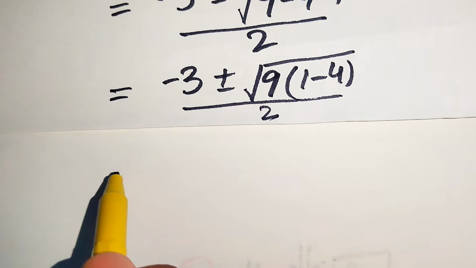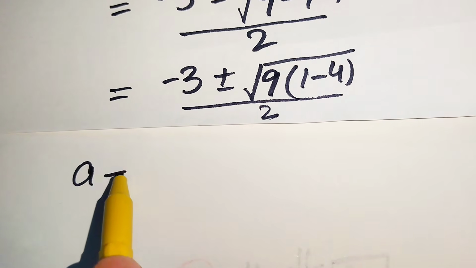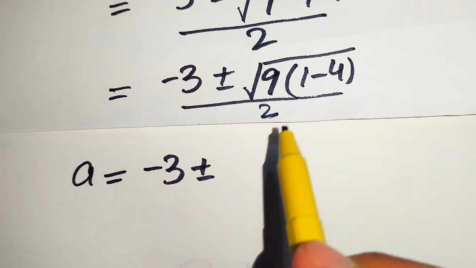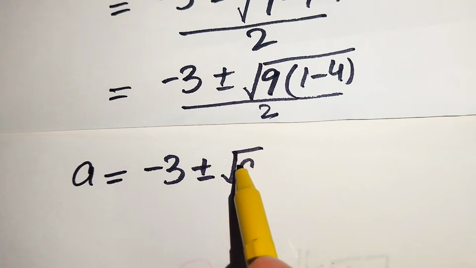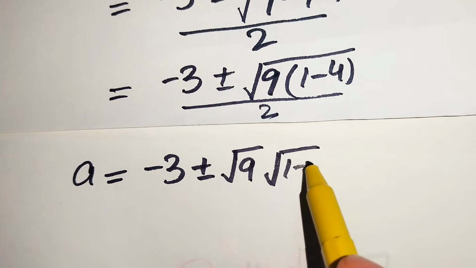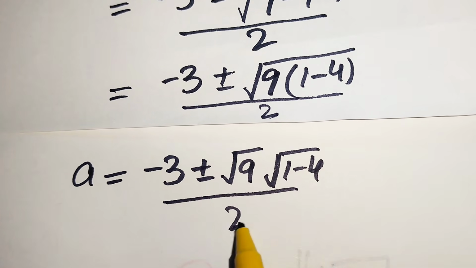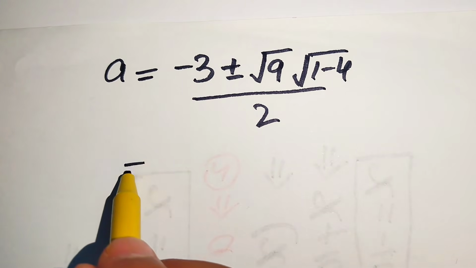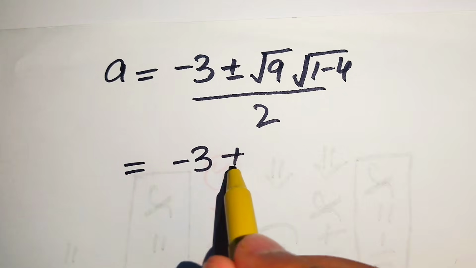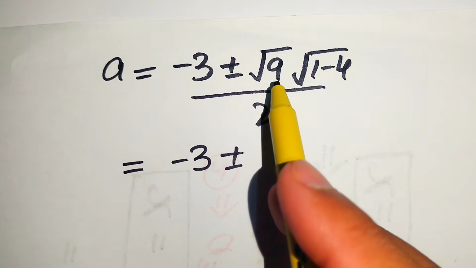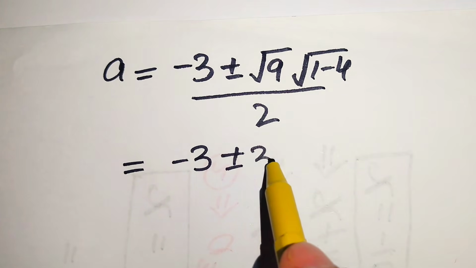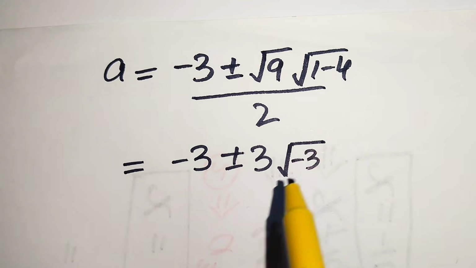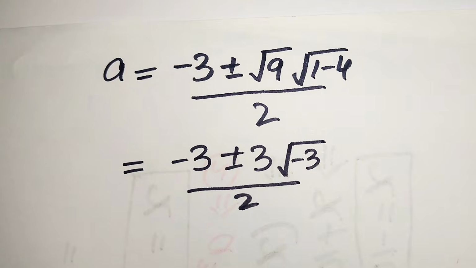And in the next step we get our a is equal to minus 3 plus minus, here we apply the square root separately on both of these two values, and we get the square root of 9 into the square root of 1 minus 4, divided by 2. And further we get minus 3 plus minus, here we know that the square root of 9 becomes 3 into the square root of 1 minus 4, and 1 minus 4 becomes minus 3, and it is divided by 2.